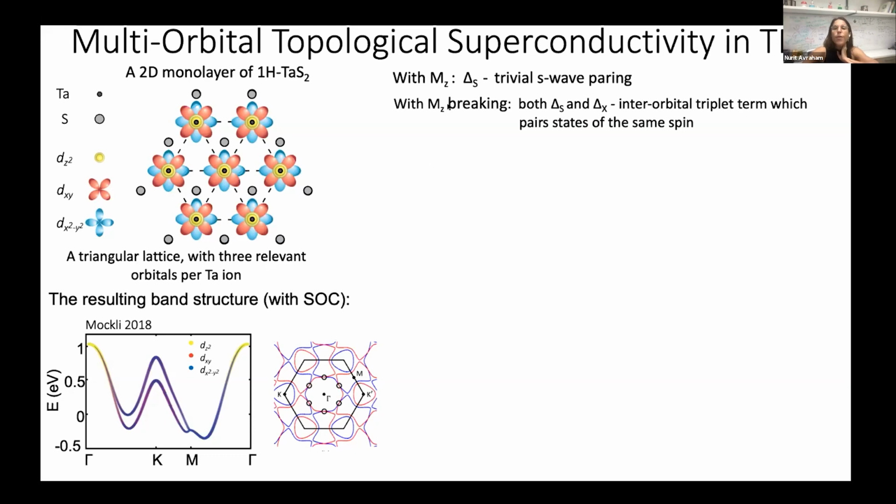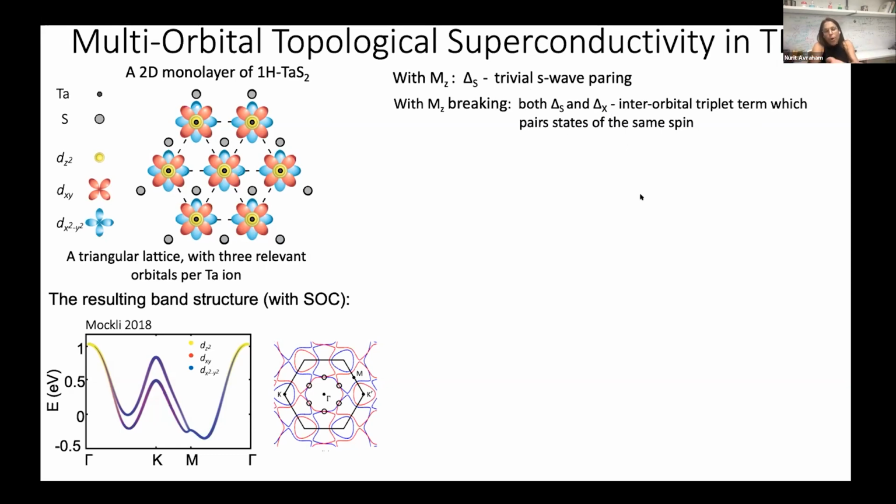However, if the mirror symmetry is broken, just as we see on the exposed surface of the 1H termination, then both the S-wave pairing and also topological pairing, which couples inter-orbital states with different orbitals but with the same spin, are allowed.